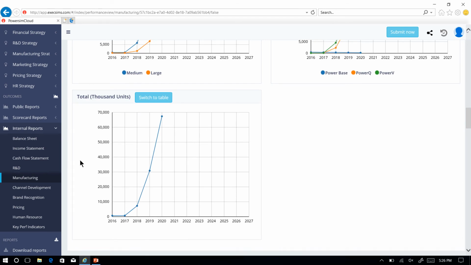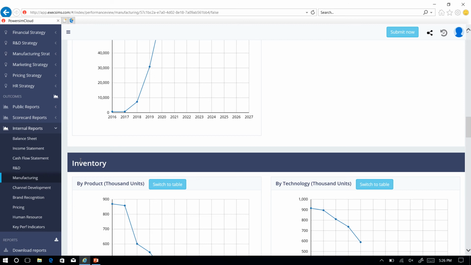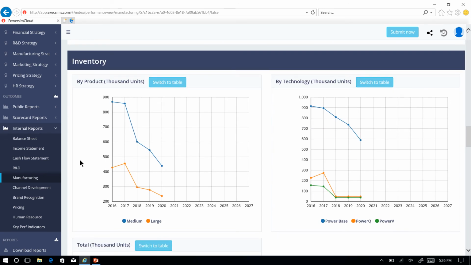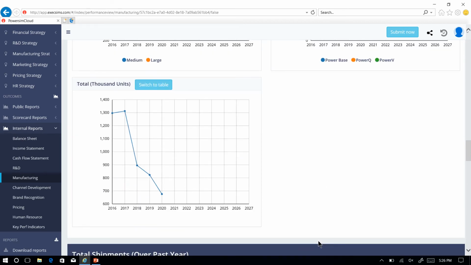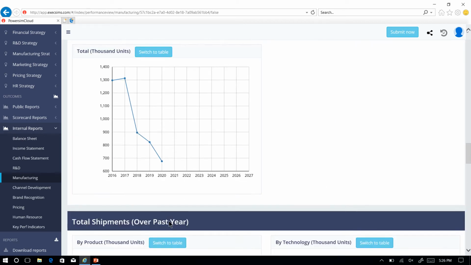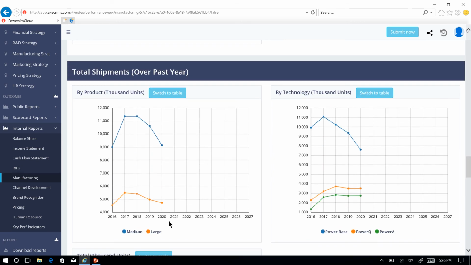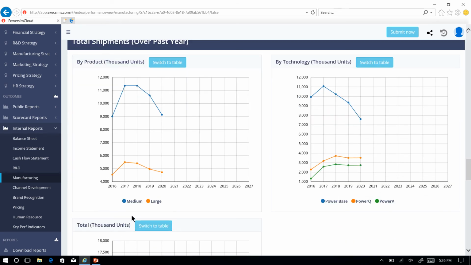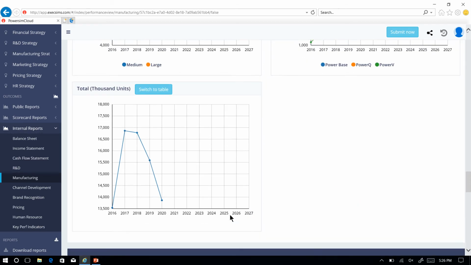And then here we can see the total. And the next is the inventory, where we can see it by size, by the technology, each version, and then the total. Next is the total shipments, same thing by size or product, by technology or version, and then the total.